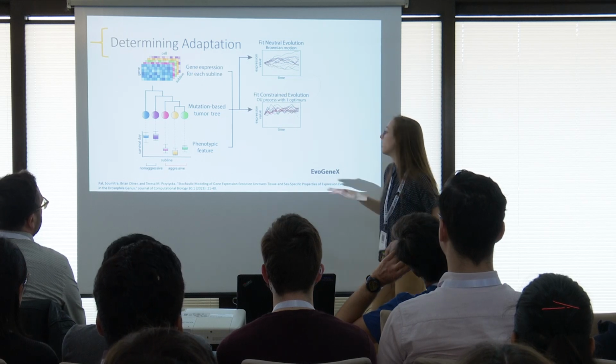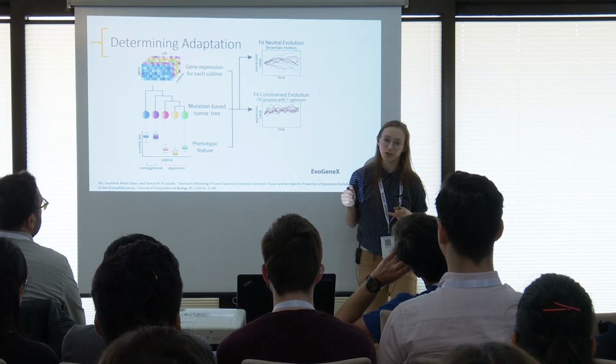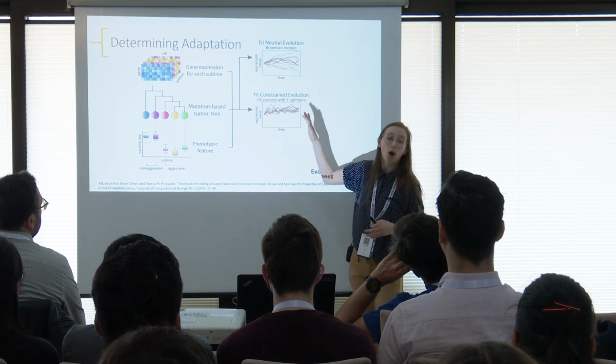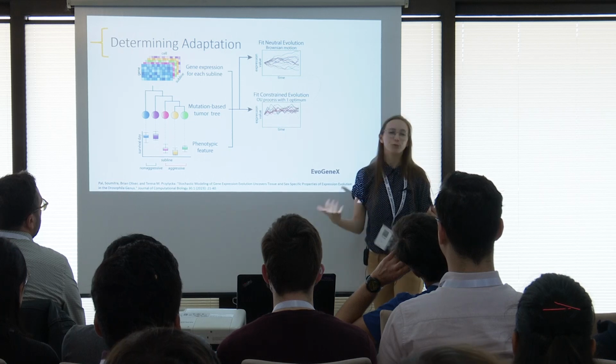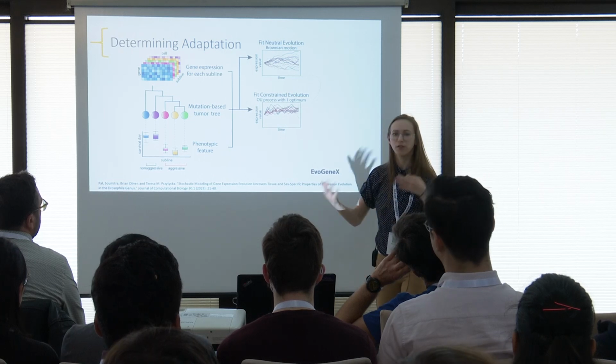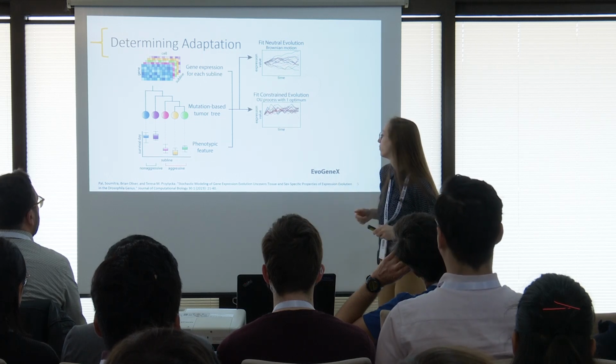with a single optimum. And so this is the case where all of the sublines are moving to a single expression level. And so when I say optimum, I mean there's some one gene expression level that seems to be really good for these subclones. So all of the subclones are moving towards this one expression level.